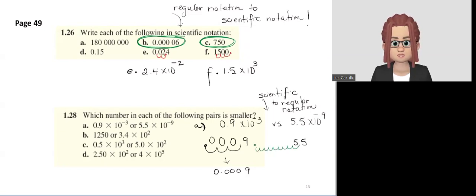Now the decimal place is there. We can see that that opens the pocket for 1, 2, 3, 4, 5, 6, 7, 8 zeros.